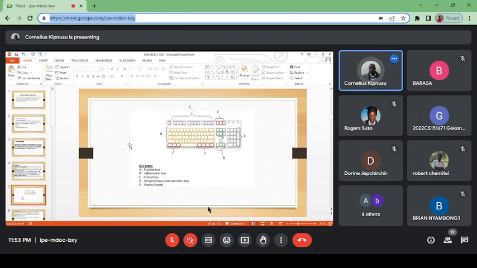We have key letter D. Can we all see D? What is key letter D? It's the navigation keys: page up, page down, arrows, delete.